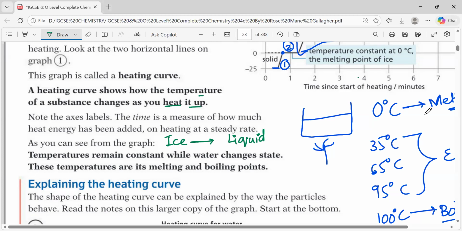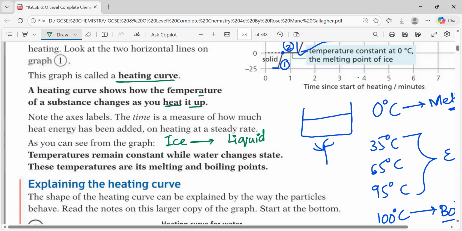Okay. If you see this, they have mentioned over here that this graph is called a heating curve. A heating curve shows how the temperature of a substance changes as you heat it up.